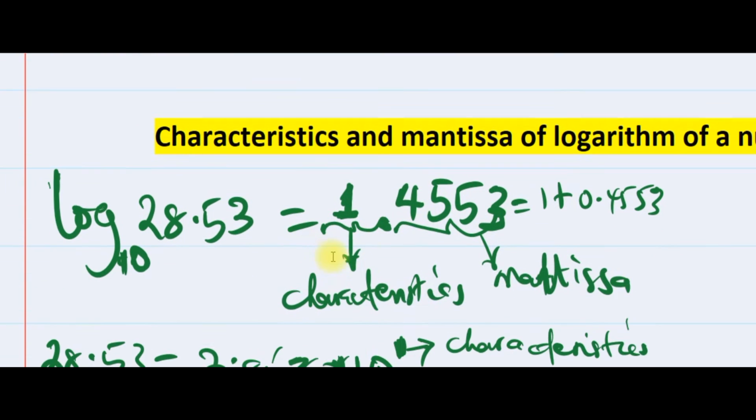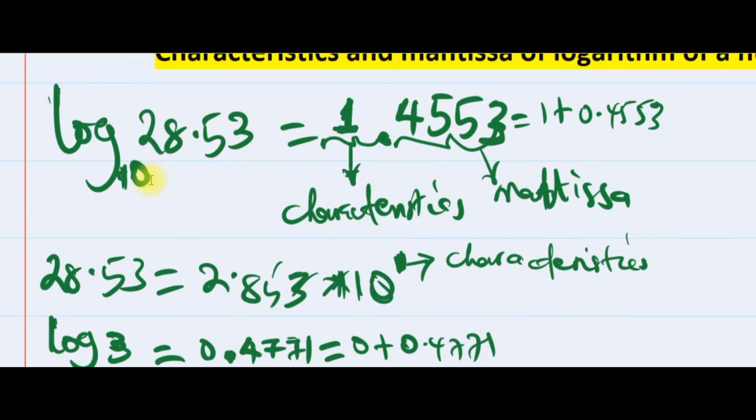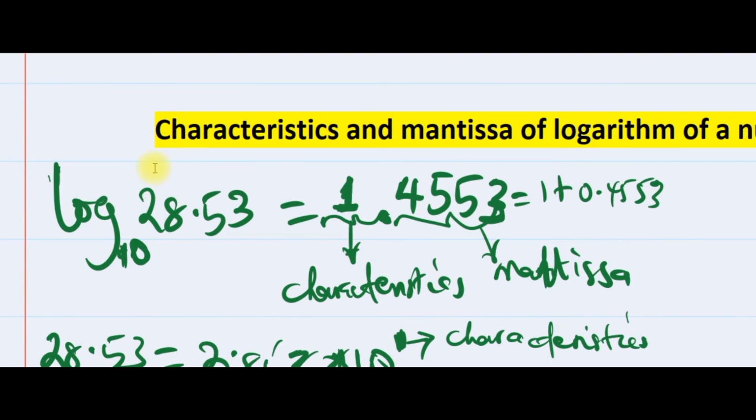Remember, when we converted this to standard form, since we have a 2-digit number here, what do you have here? 1. Do you get what I'm saying? The characteristic is always 1 down from the number of digits in the whole number.